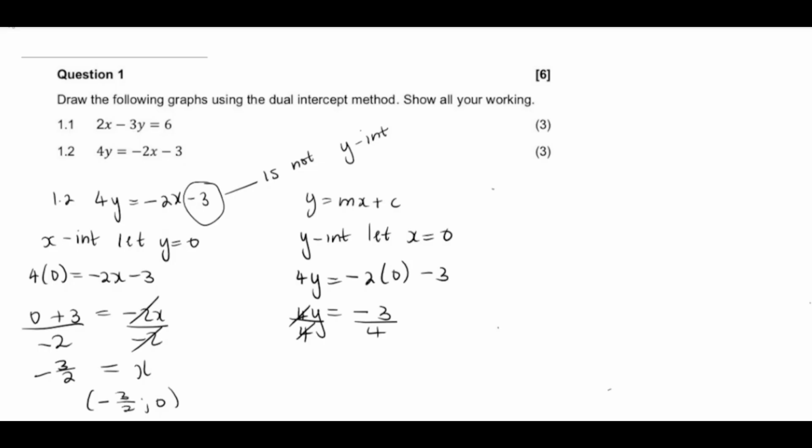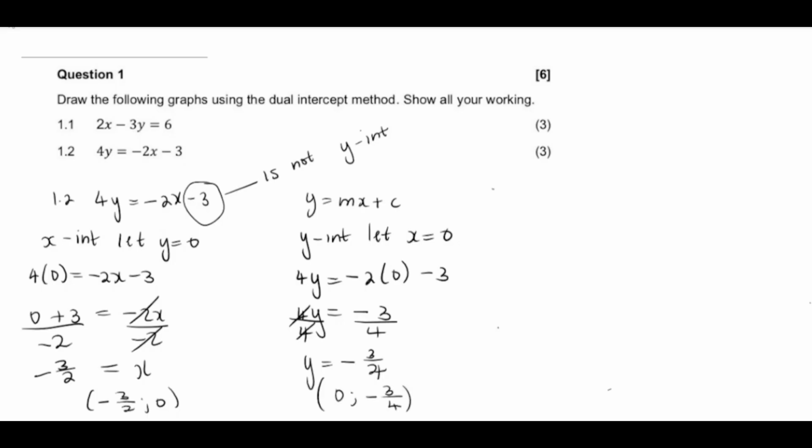Divide both sides by 4, the 4 this side cancels, and we're left with y is equal to negative 3 over 4. And our point is 0, negative 3 over 4.